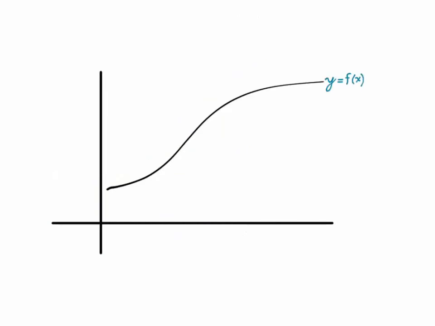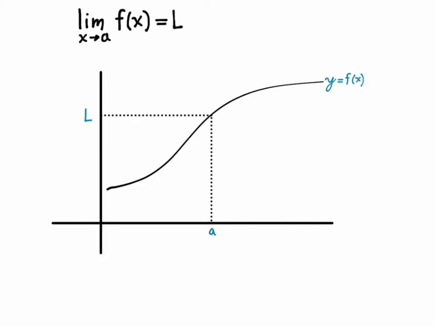Here's a function called f, which has the property that the limit as x approaches a of f of x equals L. And we want to state rigorously what we mean by that. We mean that the function f gets arbitrarily close to L, that is, it falls inside an arbitrarily narrow envelope that goes from L minus epsilon to L plus epsilon, anytime you're in some neighborhood of a.